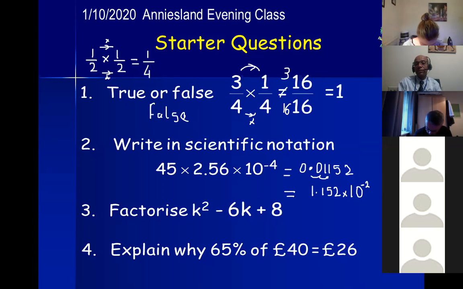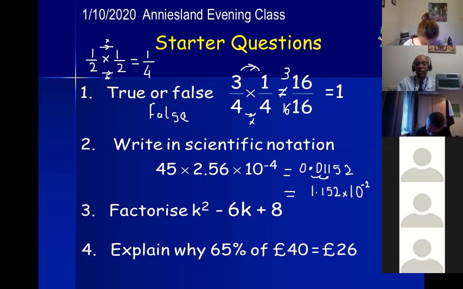Okay? Now you can quickly check that if you do 1.152 on your calculator, multiply 10 to the power x minus 2, that should be the same answer that we had when we started, when you do your S to D. Yeah?